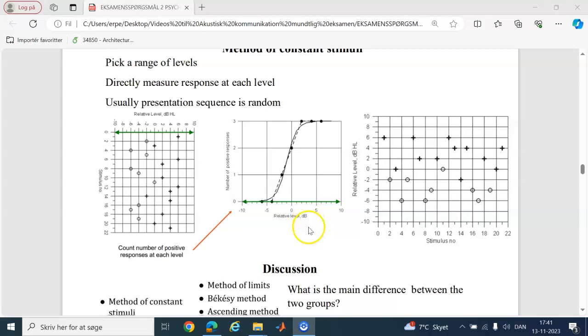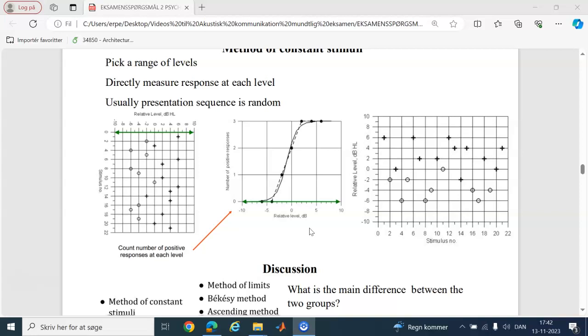For instance, at a relative level of 6 dB, 3 answered yes, at 4 dB, 3 answered, at 2 dB, 3 answered, at 0 dB, 2 answered, and so on.